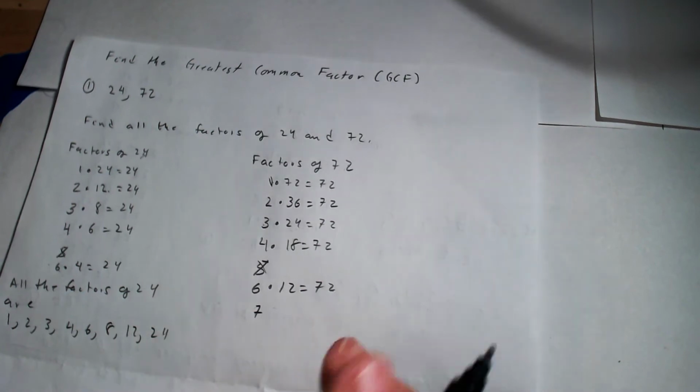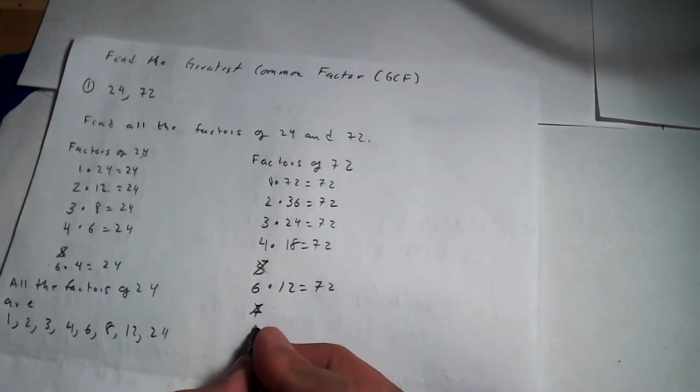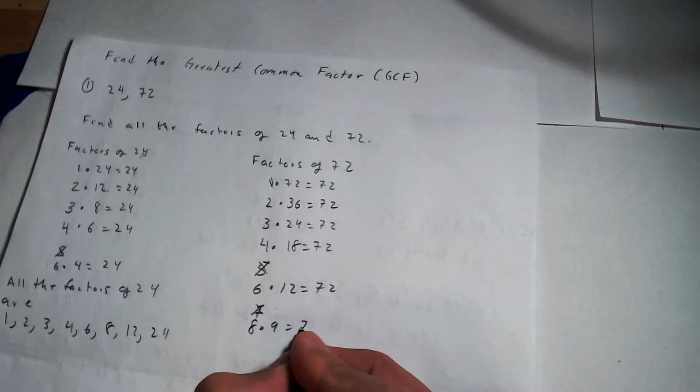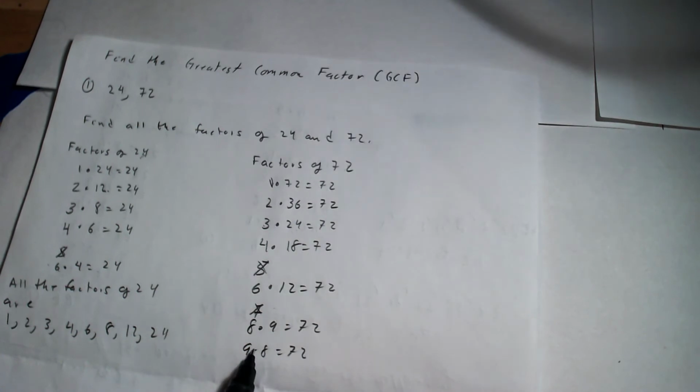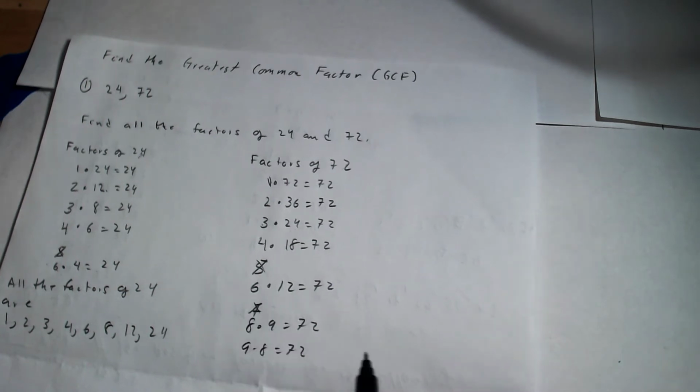Again, we're not interested in decimals, so 7 doesn't work. 8 times 9 gives me 72, and 9 times 8 gives me 72. Notice that right there I have already repeated a pair, namely the 8 and the 9. So there's no point in trying 10, 11, or 12.